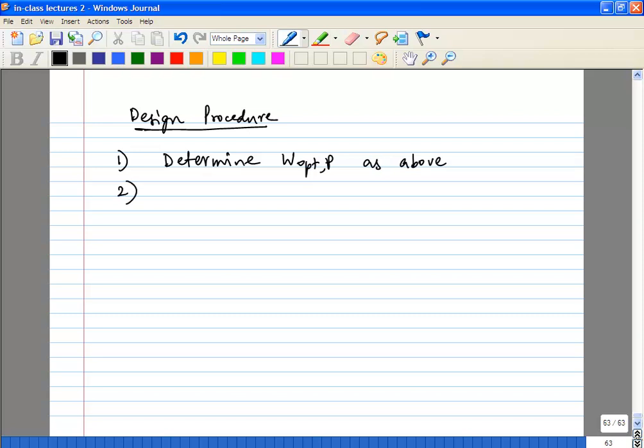Then you're going to choose an I bias based on your power constraint. You have some desired power dissipation, and you're going to choose I bias based on that.